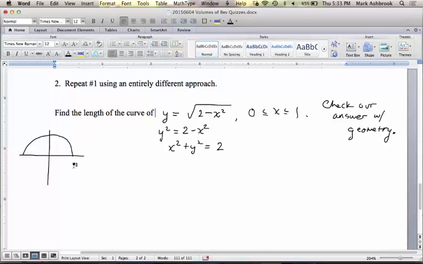So this is radical 2, 0. And so if we're taking from 0 to 1, do you see what part of the curve we're talking about? What part of the circle? From where to where?